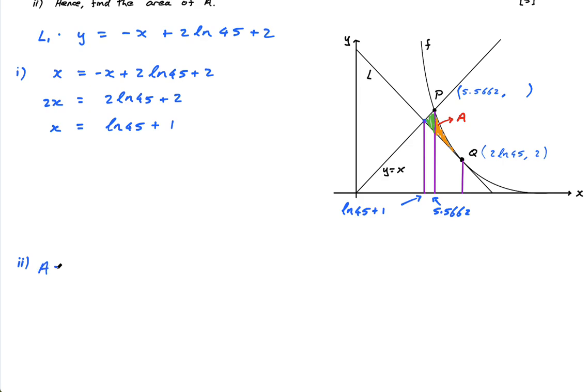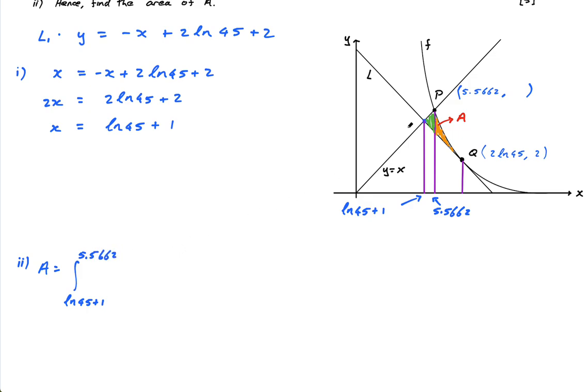It's the integral from here to here. Your lower limit is ln 45 plus 1, and your upper limit is 5.5662.